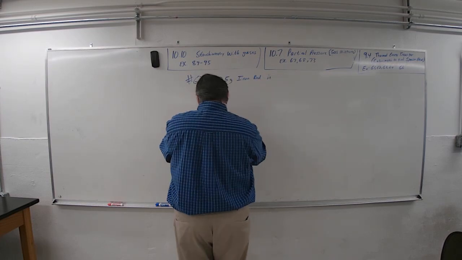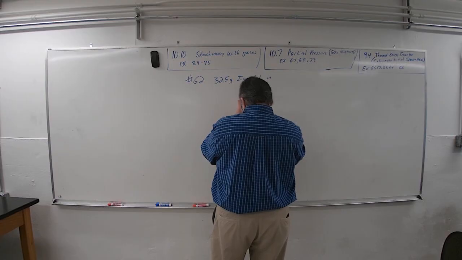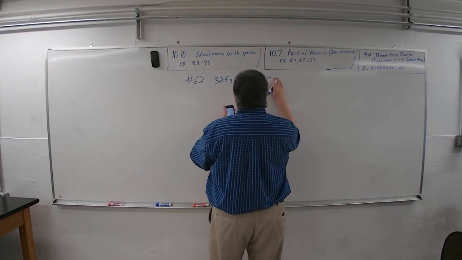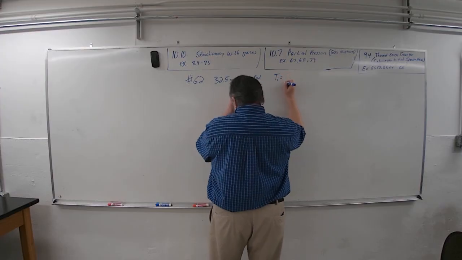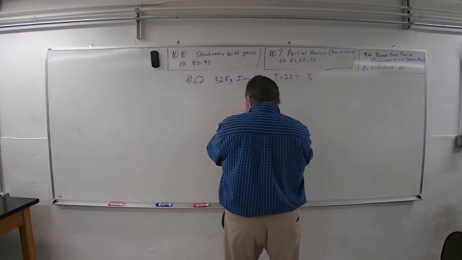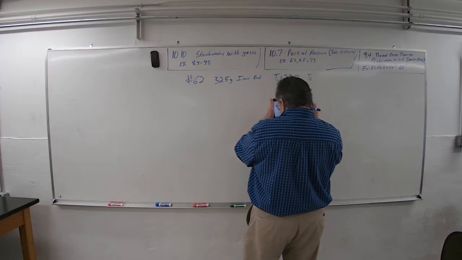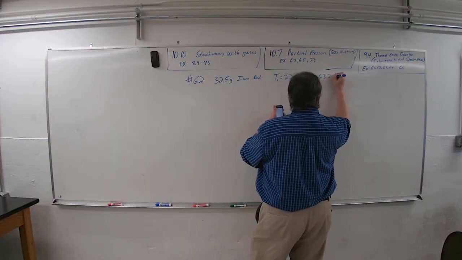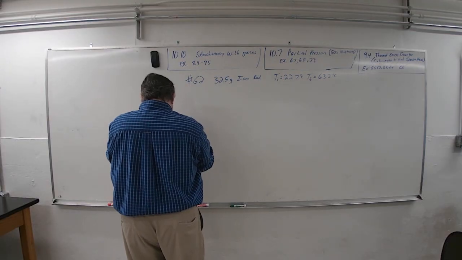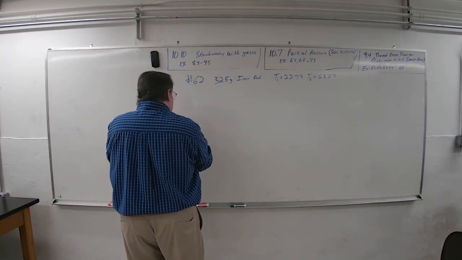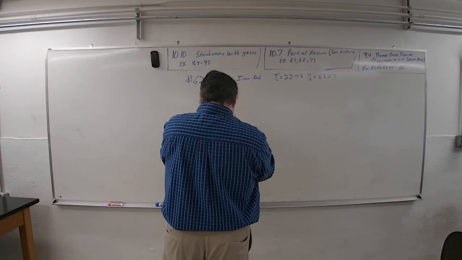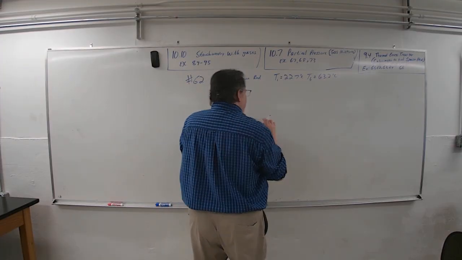Iron rod in. Initial temperature 22.7 degrees. Final temperature 22.7 and 59.5.